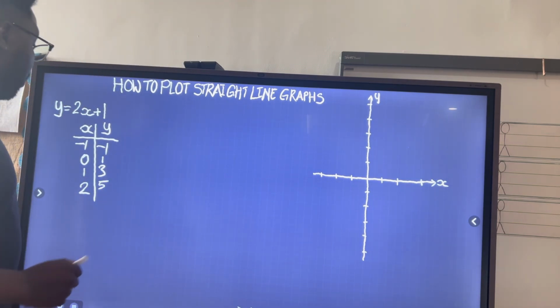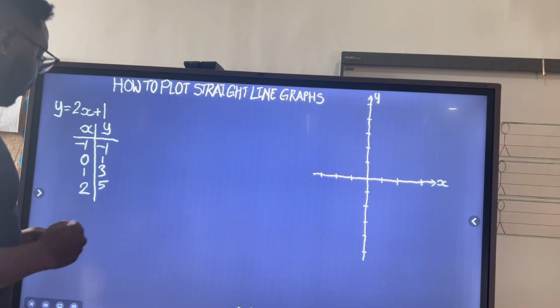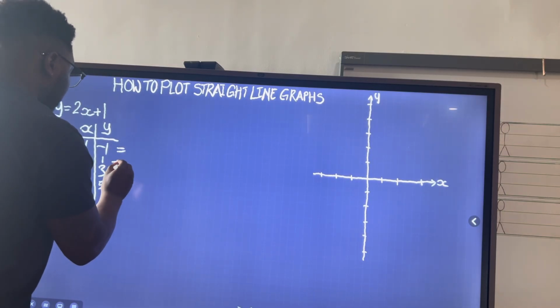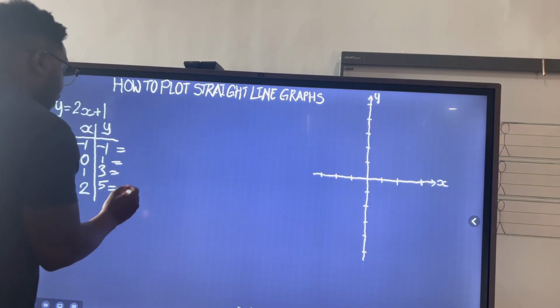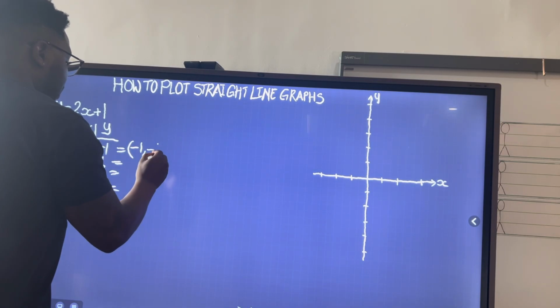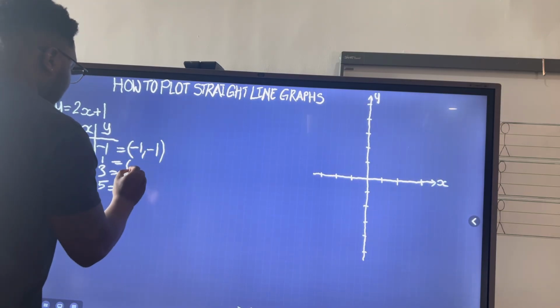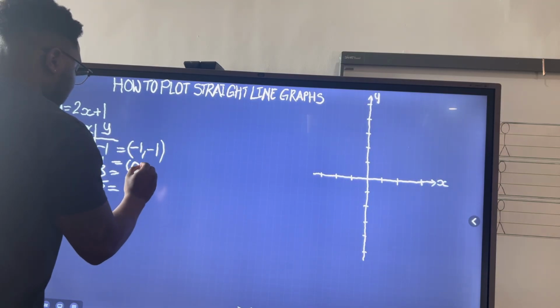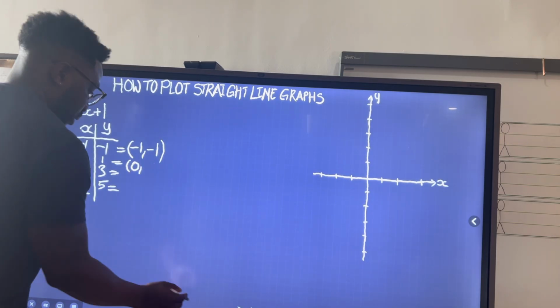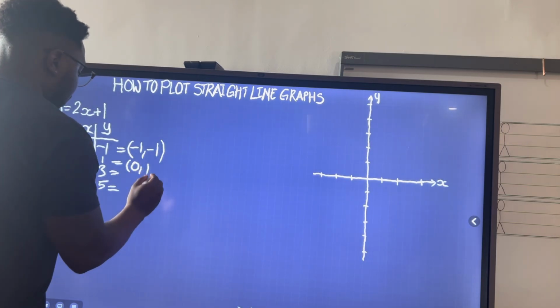So my first coordinate will be, I'll just put an equal sign to my x and y values, -1, comma, -1. My second, 0, comma, positive 1.